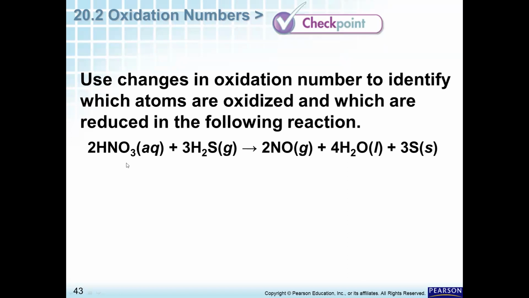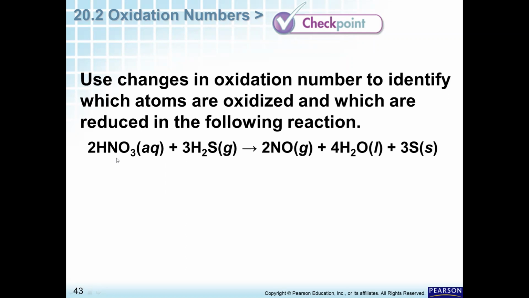Let's do this. HNO3. Hydrogen is +1, oxygen is -2, and nitrogen in this case is what? +5. Very good. Remember that it is +5. Let's come to the next one.